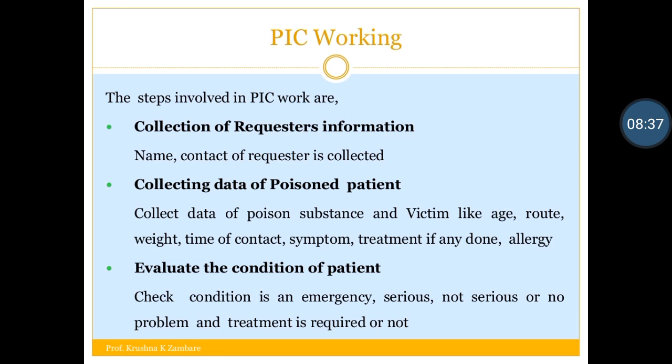So whether this type of primary treatment was given or not. And is there any allergy in the patient? Allergy information is very important because if the patient is allergic to diclofenac or aspirin and the same drug is given, a high-risk condition will occur. So allergy should be known by the doctor.